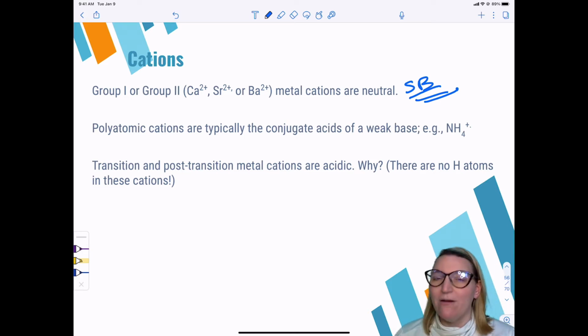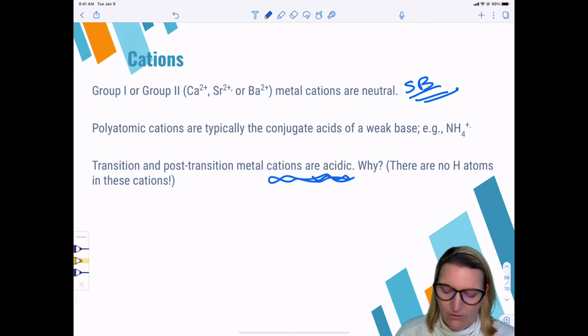Therefore, the other metal cations that aren't associated with a strong base would actually be able to pull a hydroxide off of water and make the solution acidic. That's what this particular question is talking about.